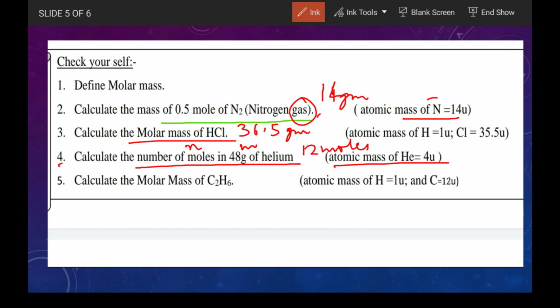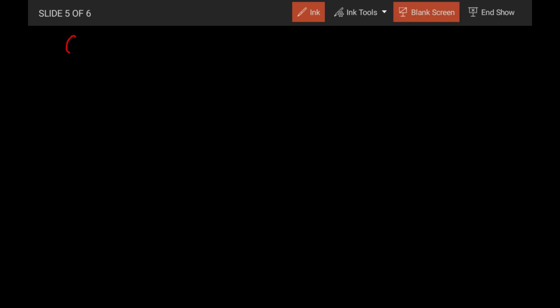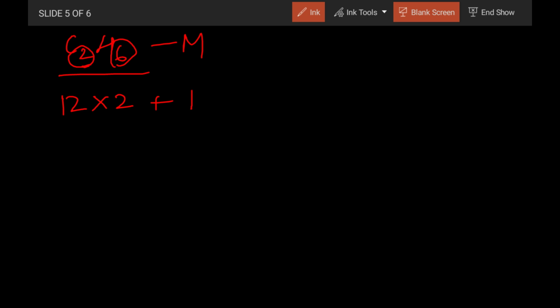Okay beta, so now we'll calculate the molar mass of C2H6. We'll calculate it here. We know that carbon is having atomic mass of 12. Number of atoms are 2 here, plus hydrogen. Atomic mass of hydrogen is 1 only, and number of atoms are 6.